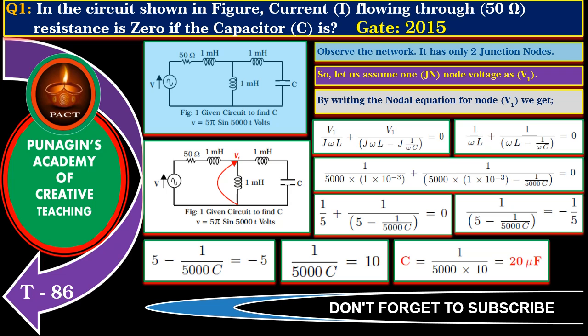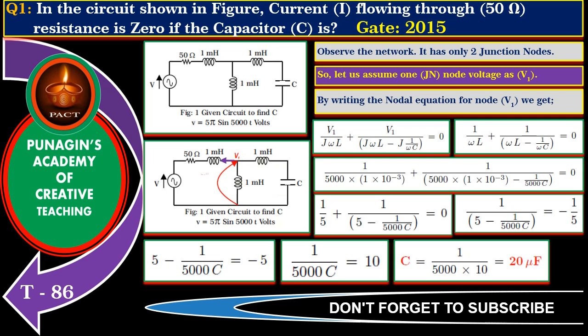Observe the network. It has only two junction nodes. So, to solve the network, let us assume one junction node voltage as V1. By writing the nodal equation for node V1, we get V1 divided by j omega L plus V1 divided by j omega L minus j 1 upon omega C is equal to 0.